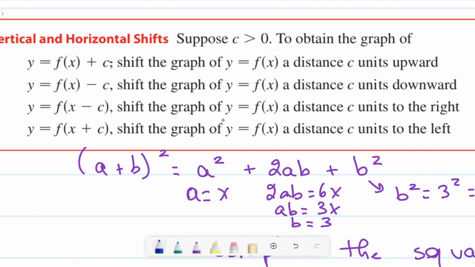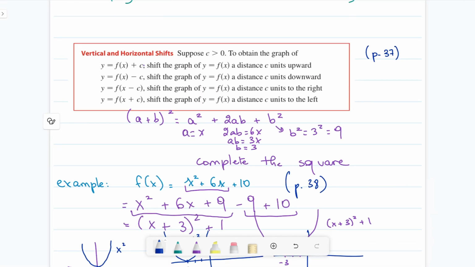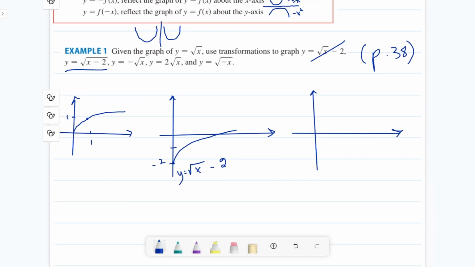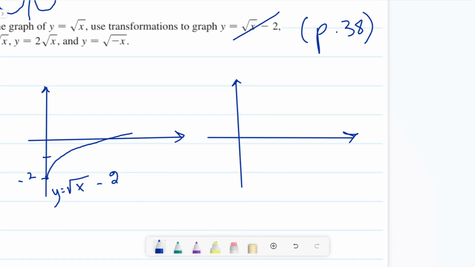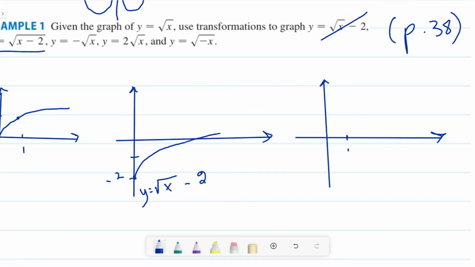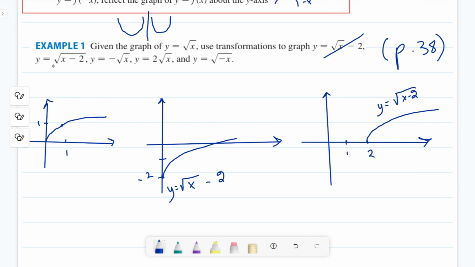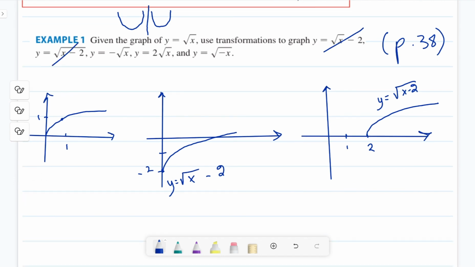We shift the graph of y equals f of x a distance of c units to the right. So let's shift it 2 units to the right. So that's 1, that's 2, and our graph is the following. So we finished y equals square root of (x minus 2).